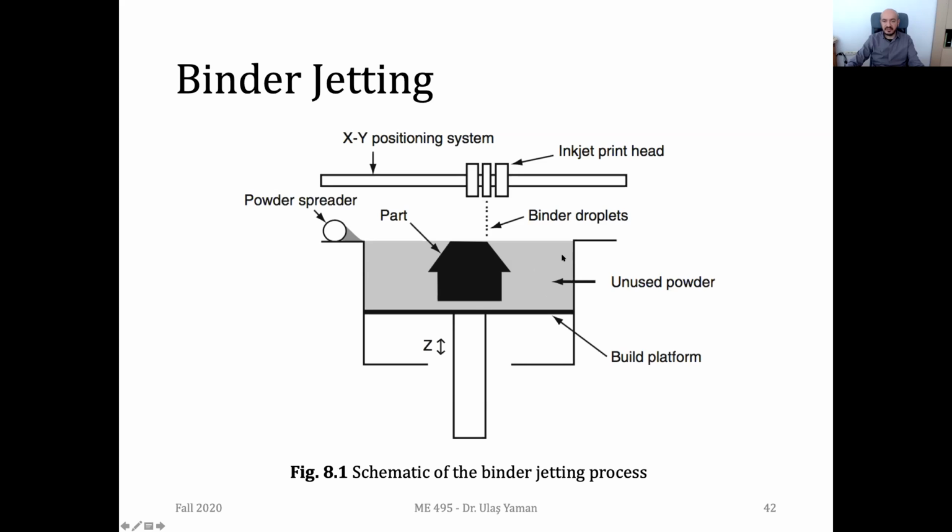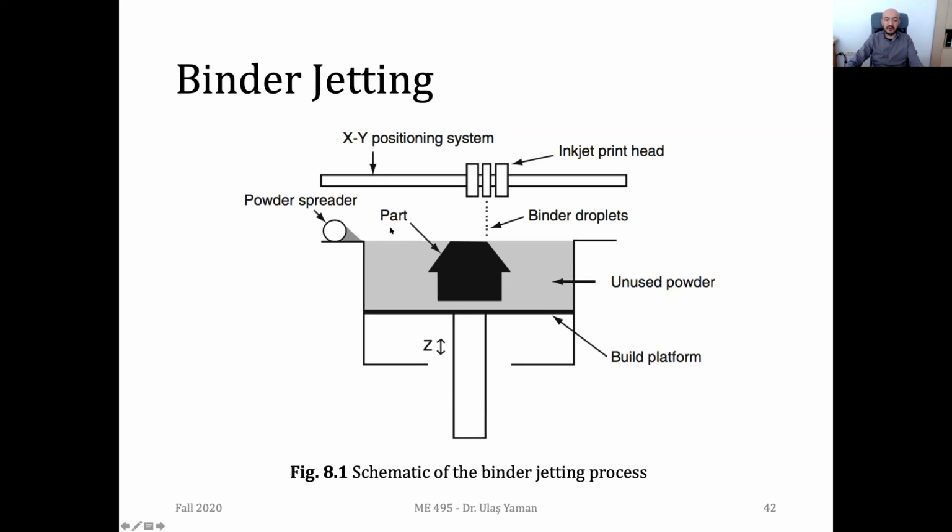No, you don't need to use support structure, especially if you are using polymers. But there are some, again, metal binder jetting systems. Some users actually prefer to use support structures for the metals, again, for proper heat dissipation and for higher accuracies.